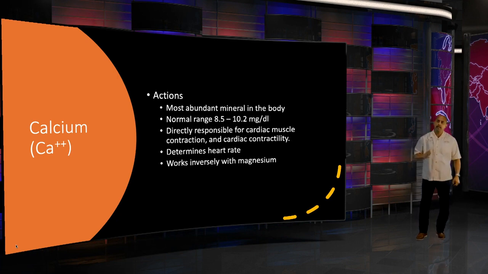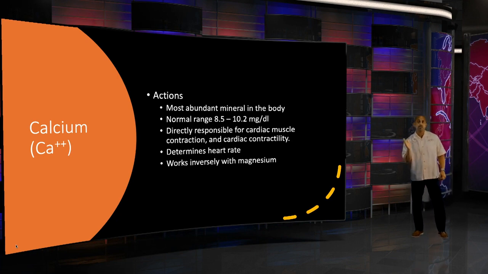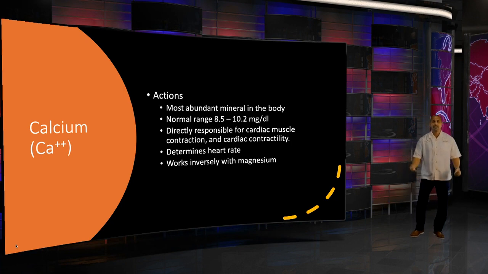But I want you to look at that number, 8.5, 10.2, small number. Once again, we are measuring this number by drawing blood serum. So that number right there is how much calcium is inside the blood, outside the cell. So since that's a low number, well then guess where most of the calcium is originating? Inside the cell.